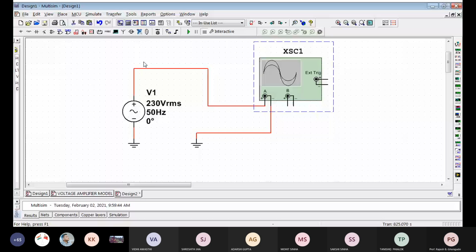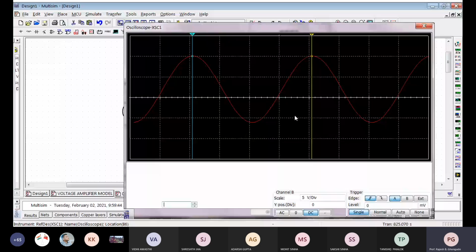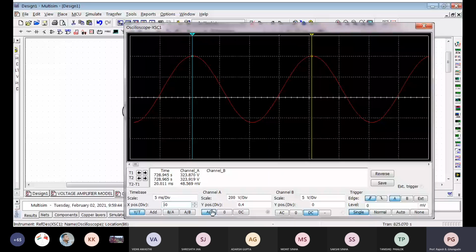Yes, sir. One thing which we have not talked about is probably this coupling. What is this coupling? AC or DC. What do you mean by that? Now see, if I have a DC voltage in series with this, so I just reduce this.